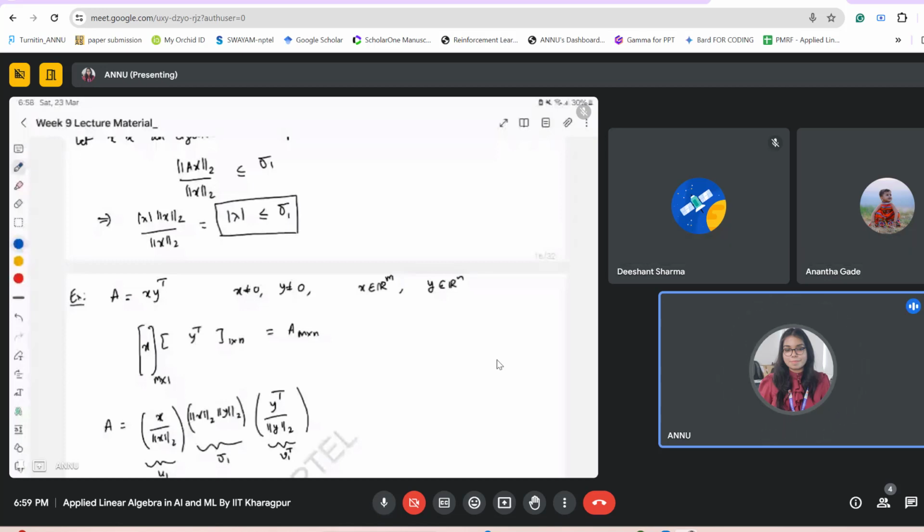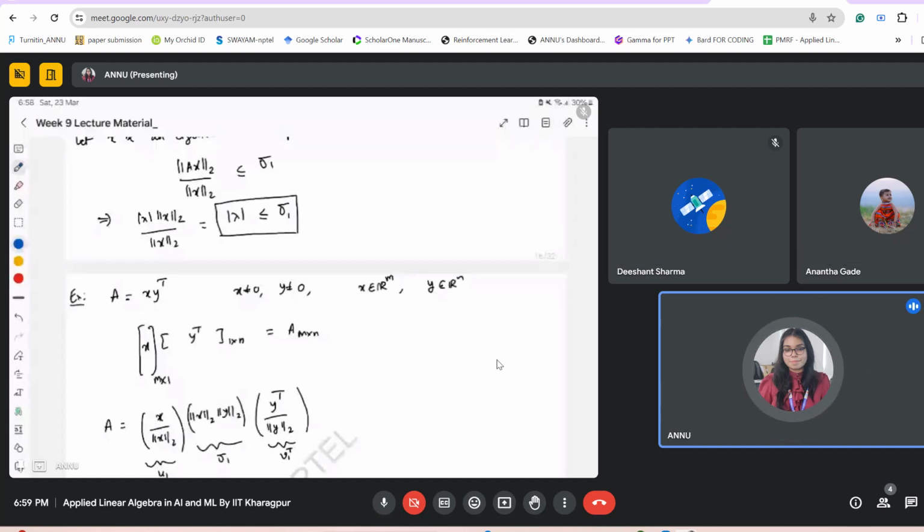Also this kappa function was there, where we can write it as the maximum magnitude of A divided by the minimum magnitude of A. I hope you remember, we saw this in week 5. But for singular values, if we define it, then in that case it should be less than or equal to sigma 1. Okay.